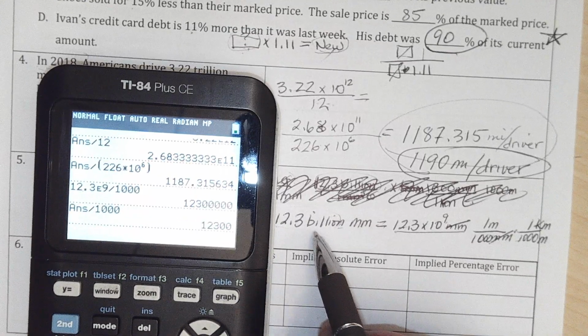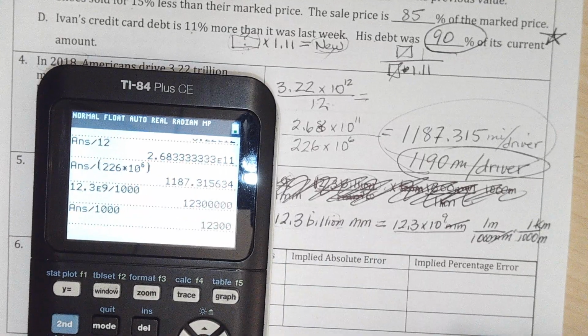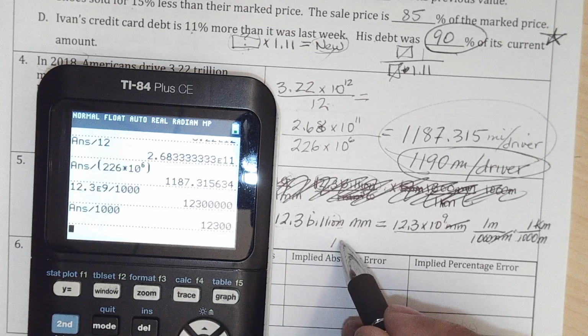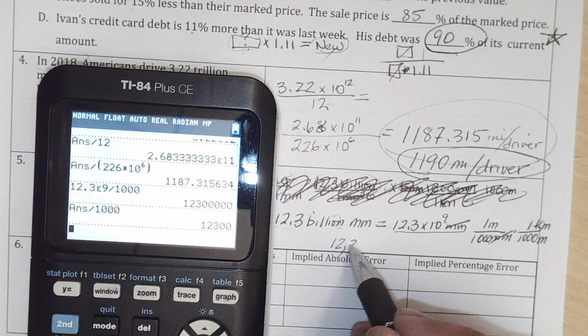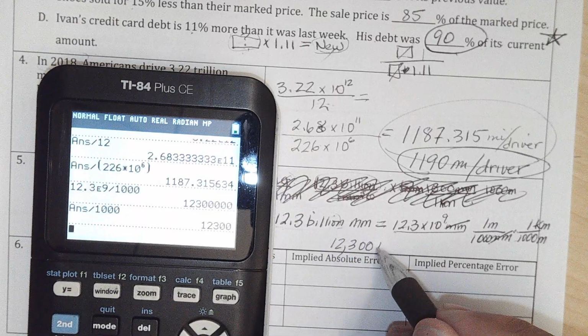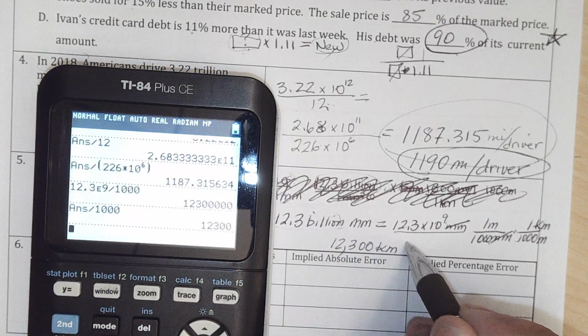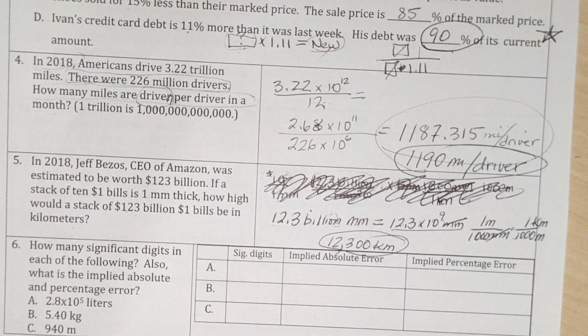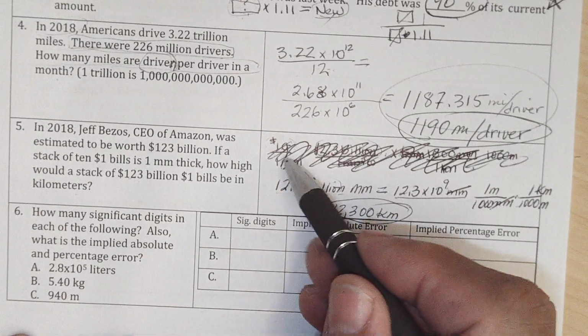And so the money that Bezos has would go for 12,300 kilometers tall. That's how tall the stack of ones would be. Sorry for the confusion on that one.